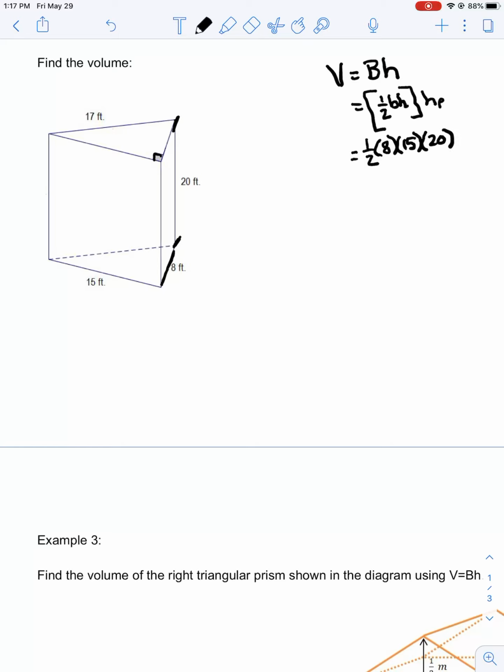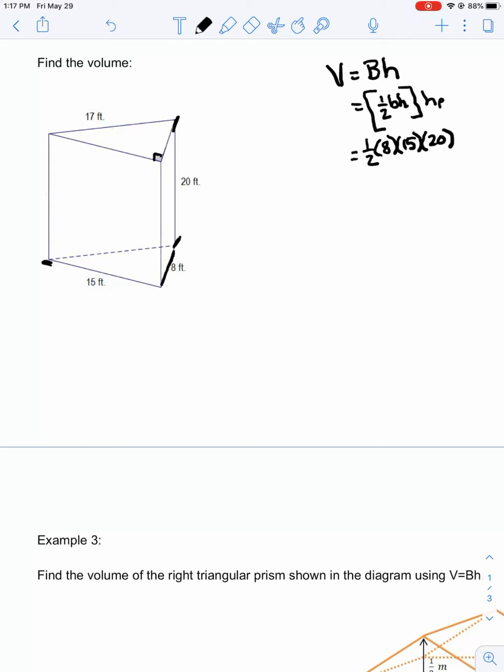So again, we can multiply all of those together.